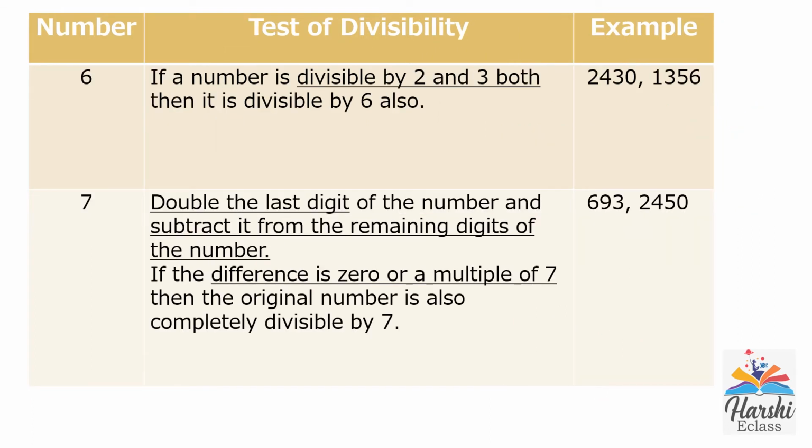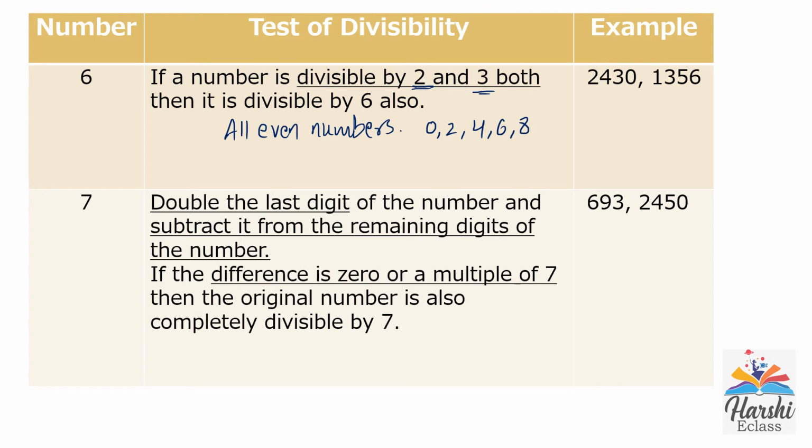Number 6. If a number is divisible by 2 and 3, both, then it is divisible by 6 also. So, the divisibility rule of number 2 is that all the even numbers are divisible by number 2. Even numbers end with 0, 2, 4, 6, 8.